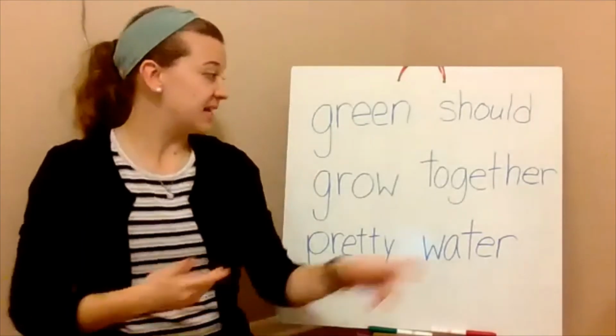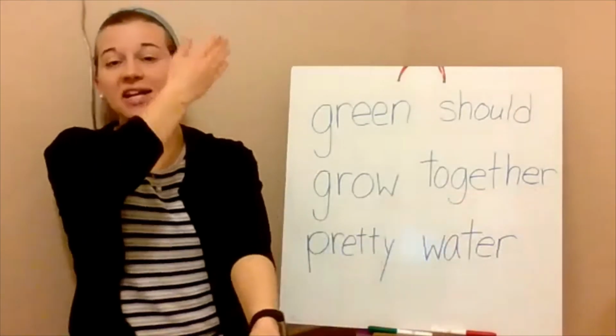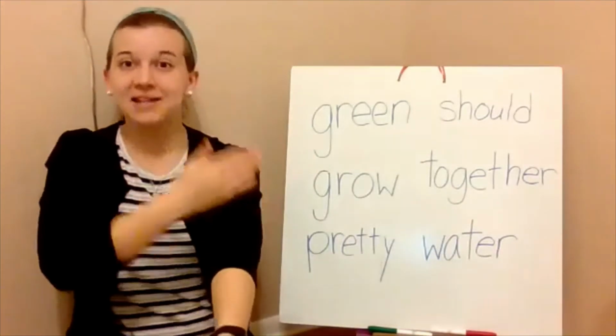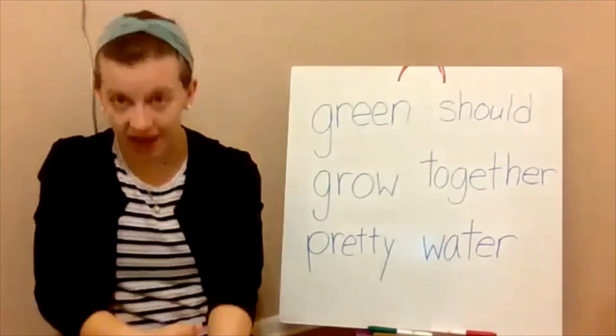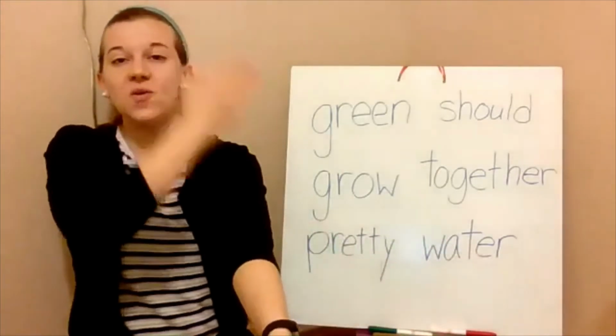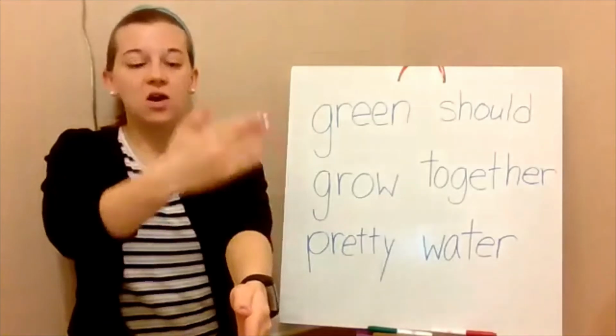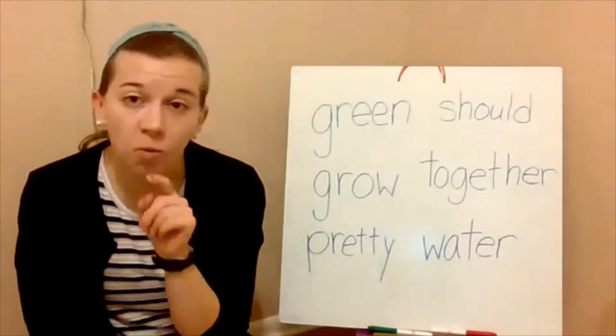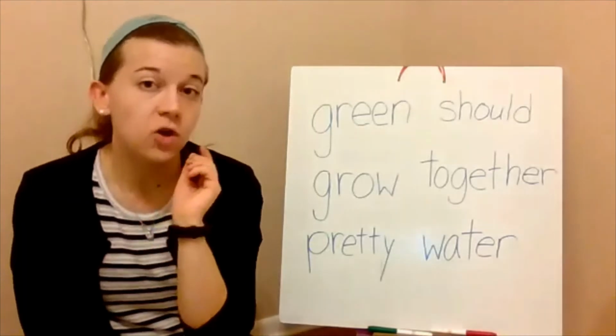S-H-O-U-L-D, should. Next up is together. T-O-G-E-T-H-E-R, together. That's a long one. And next up, water. W-A-T-E-R, water. Good. Okay, so I want you to chop them one more time on your own.